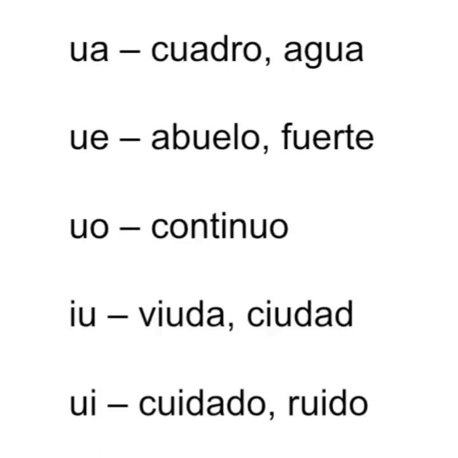UA as in cuadro, agua. UE as in abuelo, fuerte. UO as in continuo. IU as in ciudad, viuda.